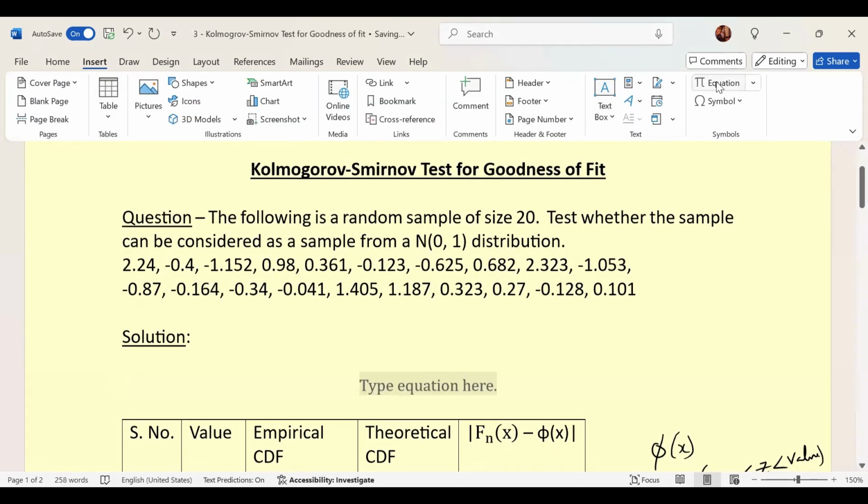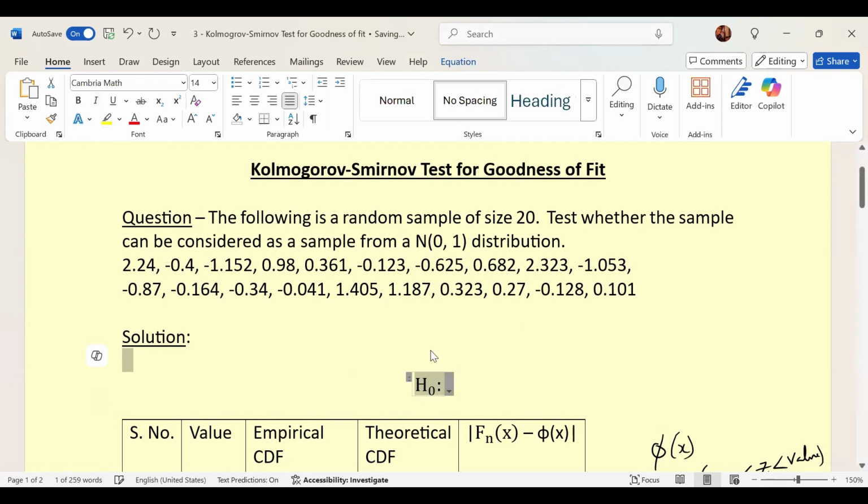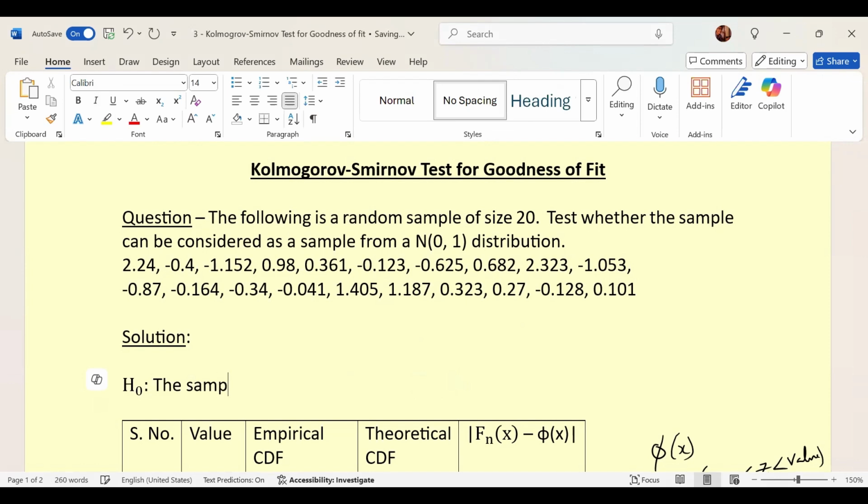Say H naught: the sample came from a N(0,1) distribution.